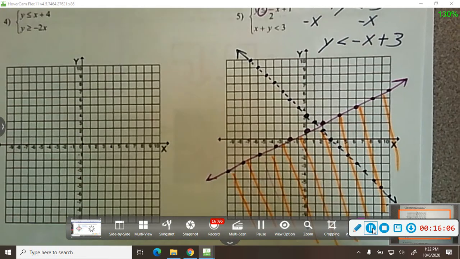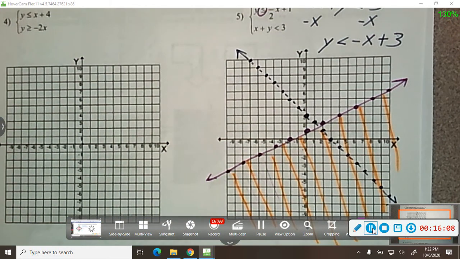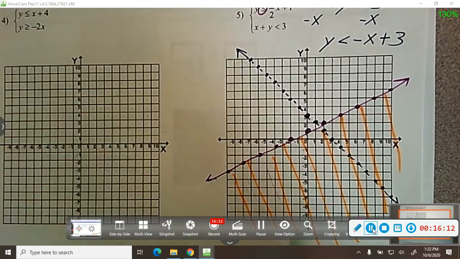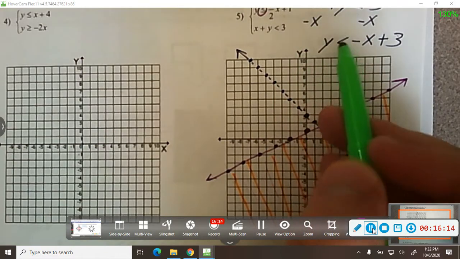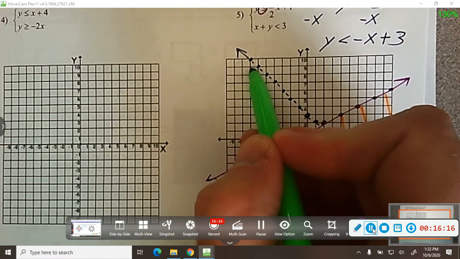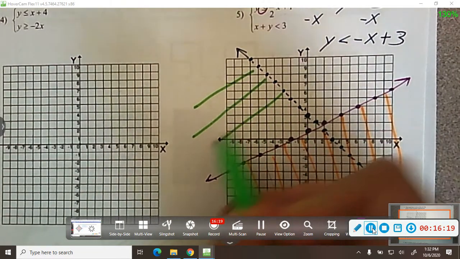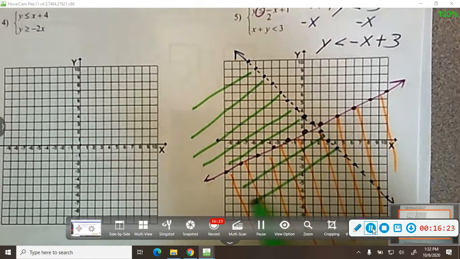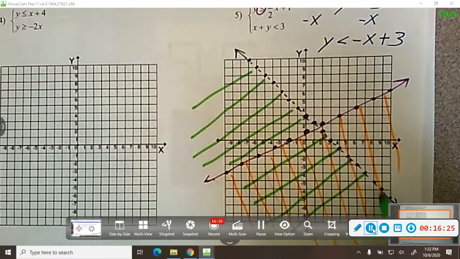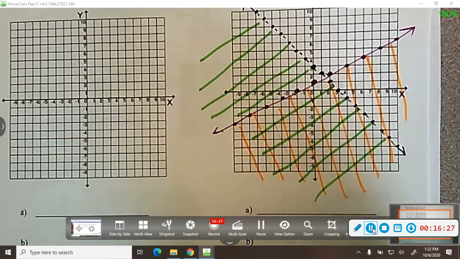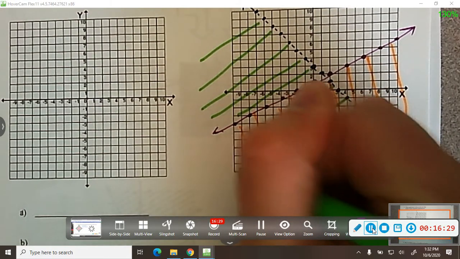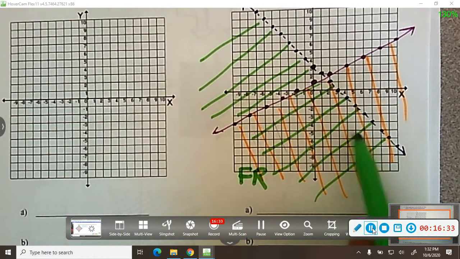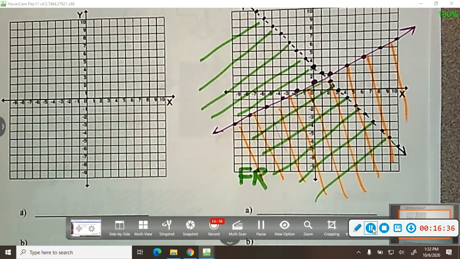So y is less than negative x plus 3. That would also be underneath. So underneath, because of the less than, would be this side. So it looks like my feasible region is over here, in this section. And this goes forever.